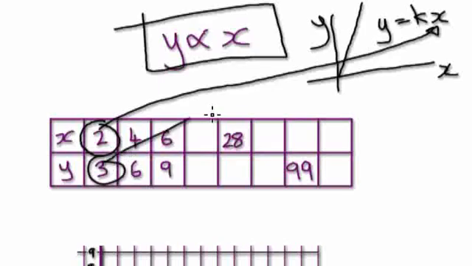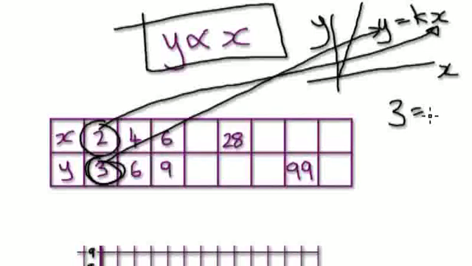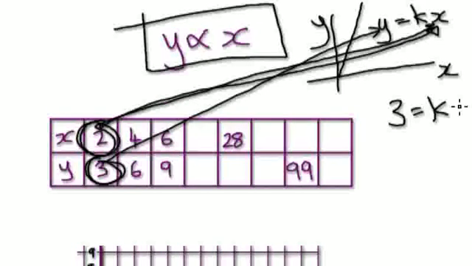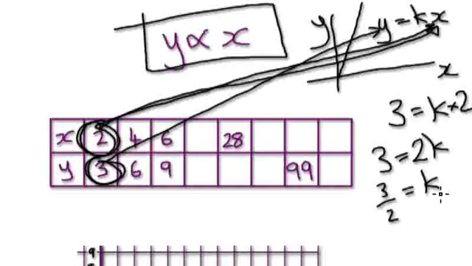Put the 3 into the y and the 2 into the x, remembering we're trying to find k. It will be k times 2, and remember, number always before letter. So 3 equals 2k. If you want to know k, divide both sides by 2. So k is 3 over 2.